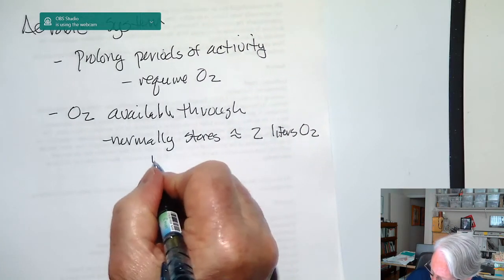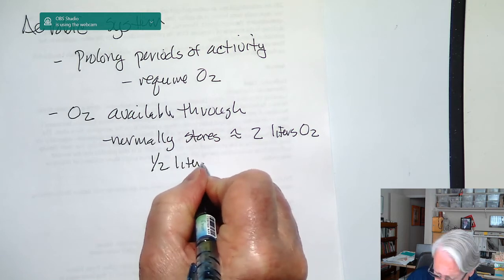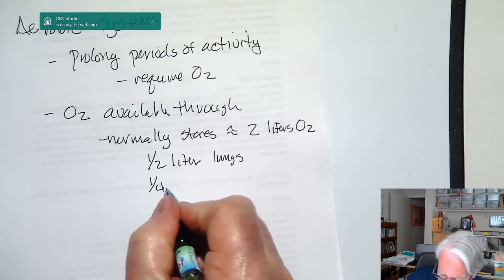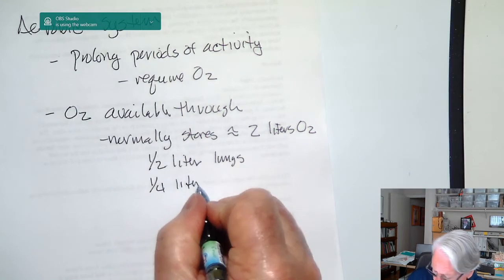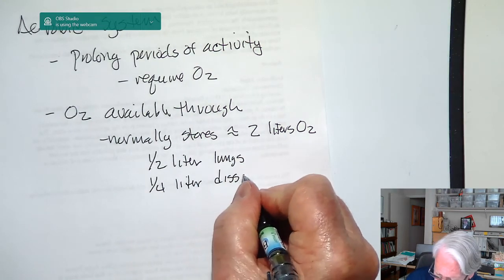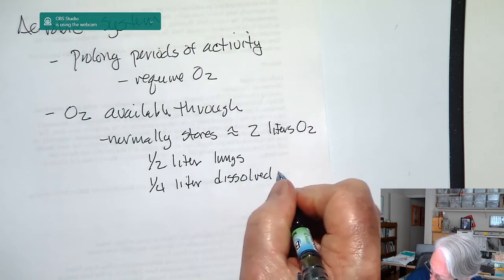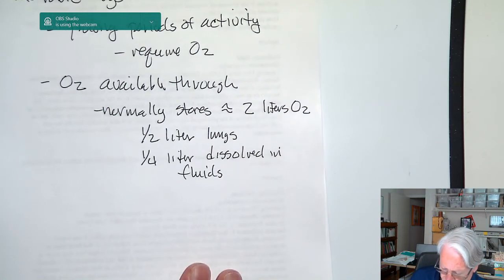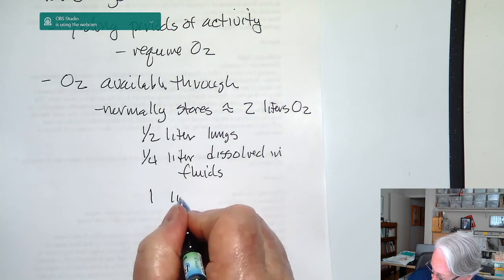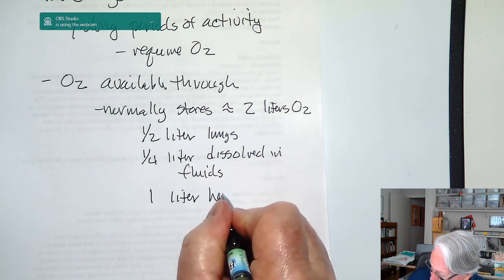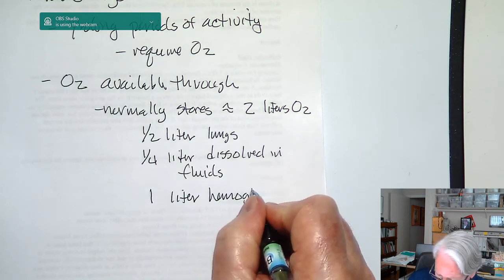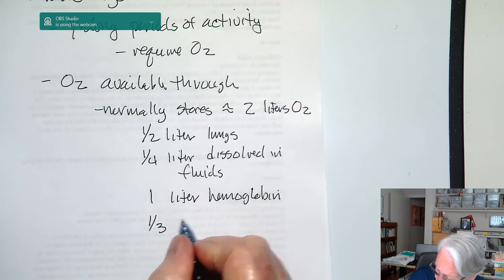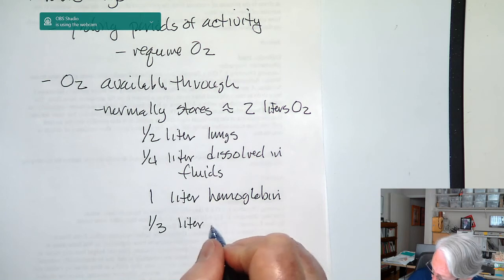And that is about a half a liter in the lungs, about 1/4 of a liter dissolved in fluids of all kinds. Okay. About 1 liter in hemoglobin, and about 1/3 of a liter in myoglobin.